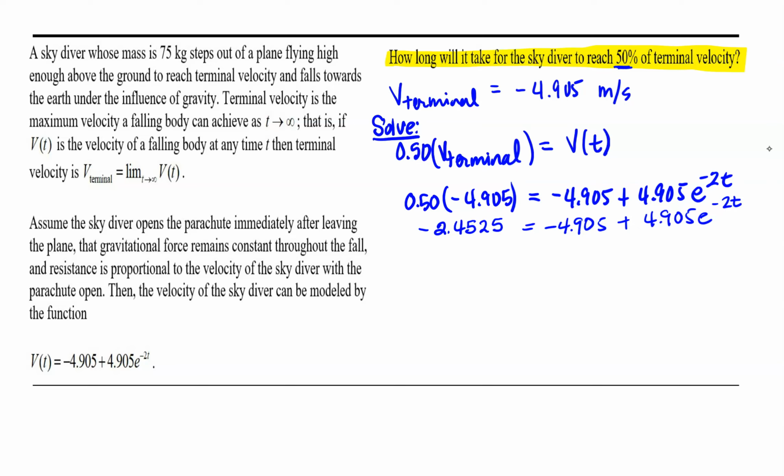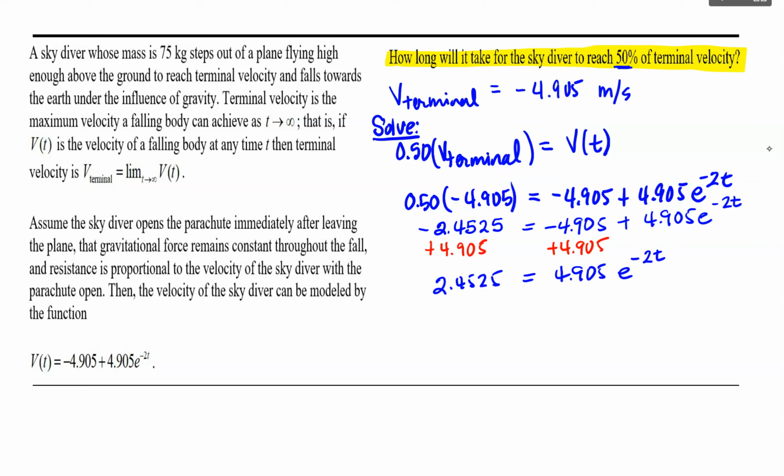Now let's add 4.905 to both sides of the equation. So plus 4.905 plus 4.905. In doing that, we end up with positive 2.4525 equals 4.905 e to the negative 2t.